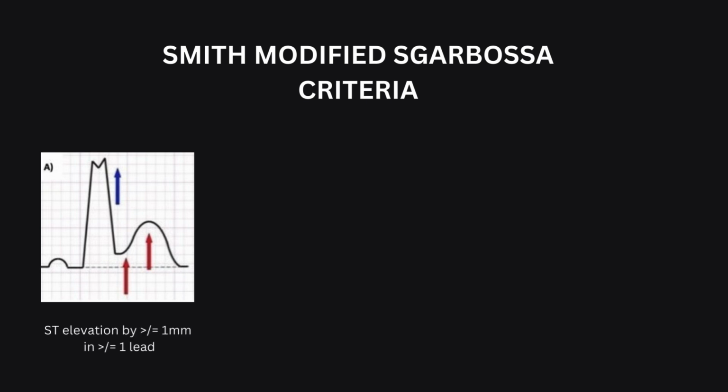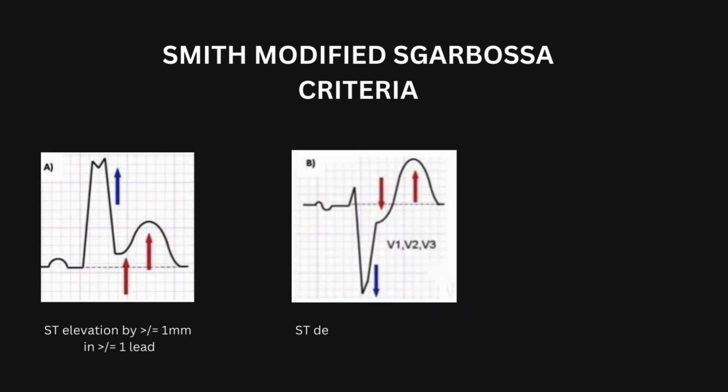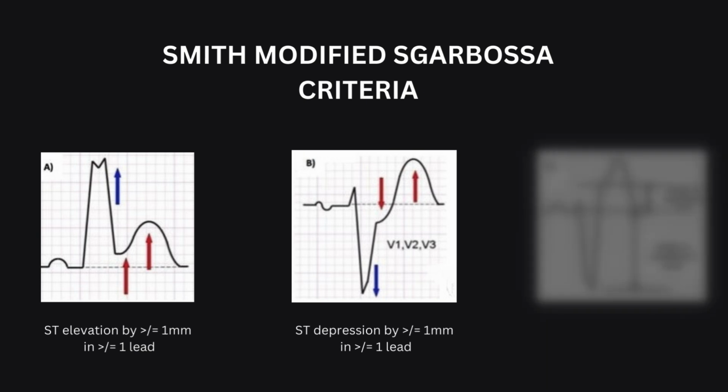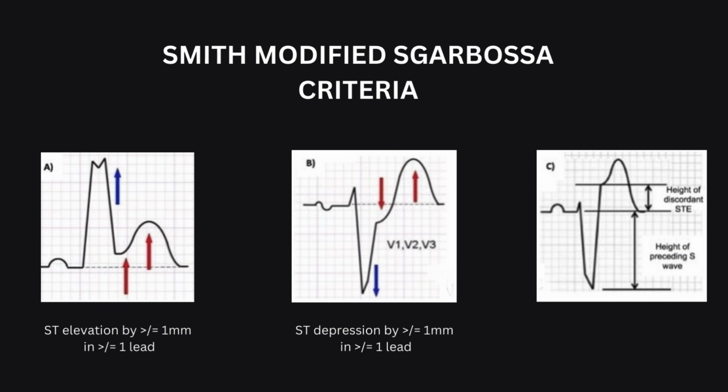That is, the R wave is followed by an ST elevation of more than 1 mm in any one lead. Similarly, concordant ST depression of more than 1 mm in one or more leads of V1 to V3 is also significant. If there is discordant ST elevation with amplitude more than 25% of the depth of the preceding S wave, this is termed proportionally excessive discordance.